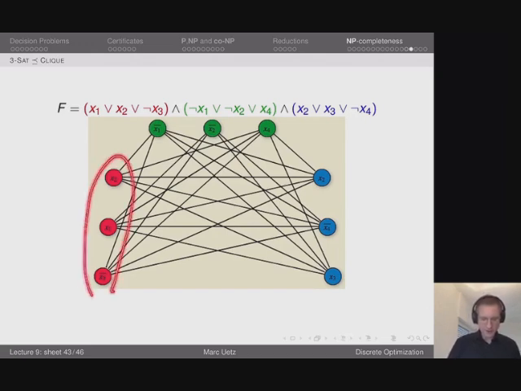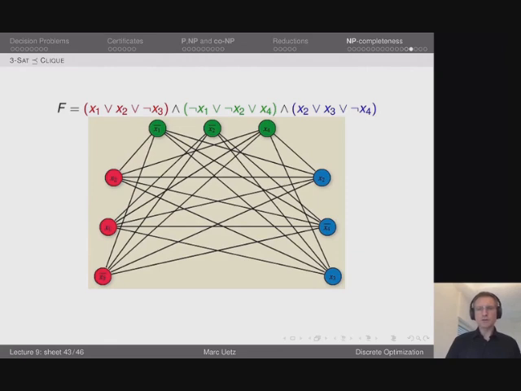So there are no edges amongst the red nodes, no edges amongst the green nodes, and also no edges here. And we have introduced an edge between 2 nodes of different clauses if and only if these 2 literals do not contradict each other. So for example, here is a node which corresponds to the literal x1, and here is a node which corresponds to the literal not x1, and therefore there is no edge between these 2 nodes. But all the other edges are there.